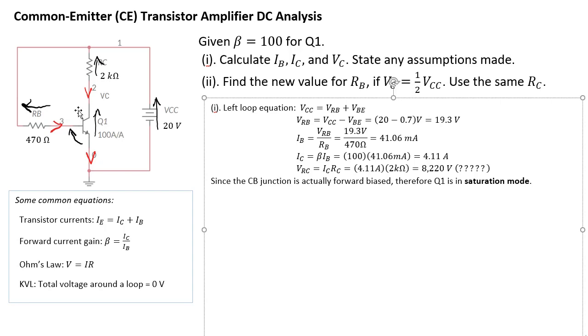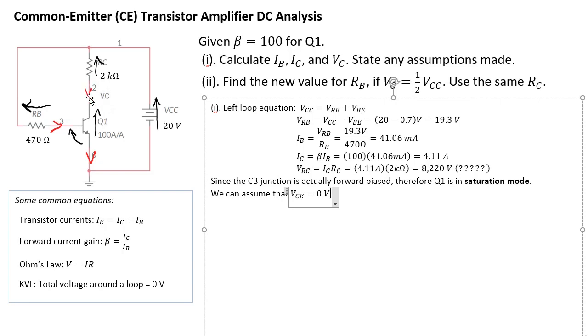So what does saturation mode mean? Well, when an NPN transistor is saturated, VCE is going to be 0 volts. So we can assume that VCE is going to be equal to 0 volts, which, by the way, also happens to be VC, right?